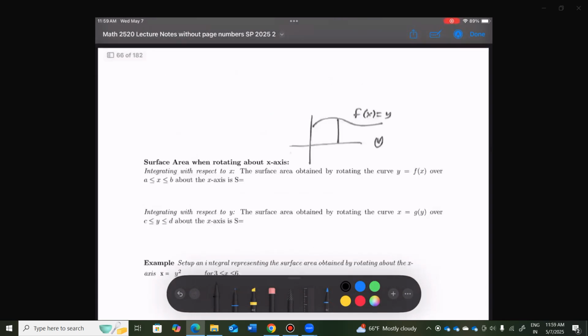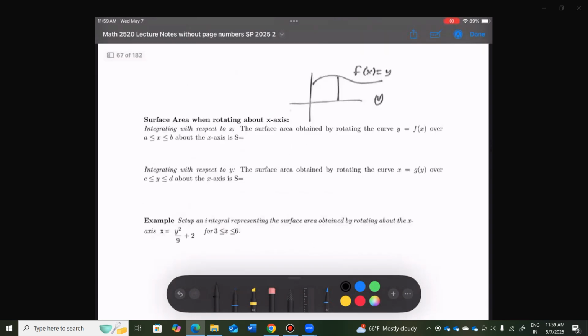Right, so we'll look at integrating with respect to x.